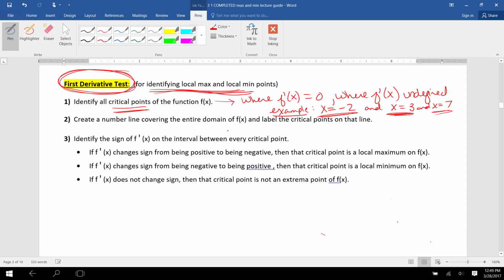In step 2, you create a number line. So for example, I would just draw a number line. Let's say the domain of my function f is all real numbers. So here's the number line with all real numbers. And in order, I'm just going to put right on that number line. Here's x is -2. Over this way is x equals 3. And over this way is x equals 7. So I put my critical values on the number line.